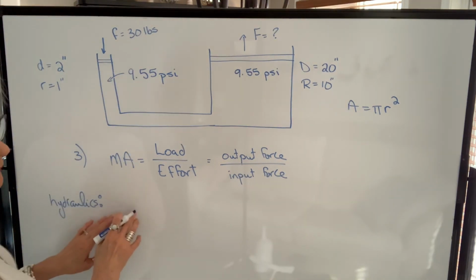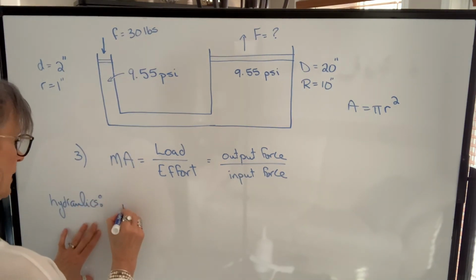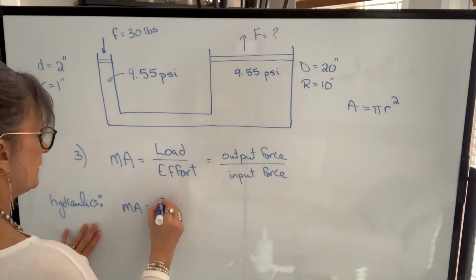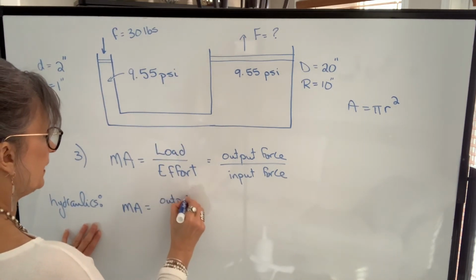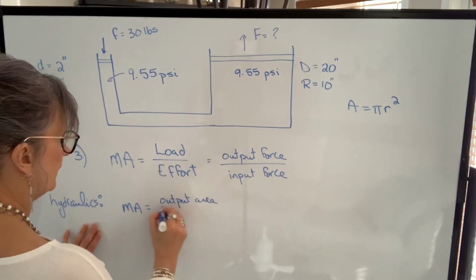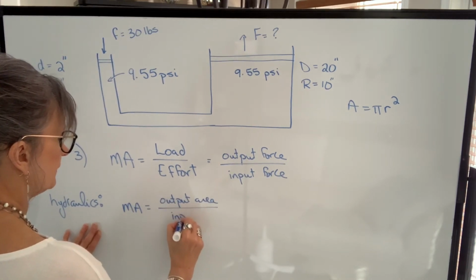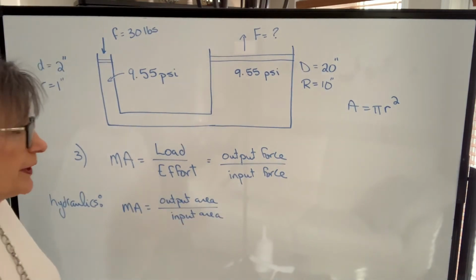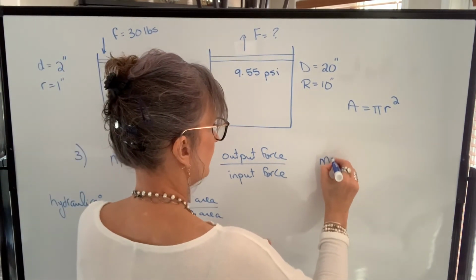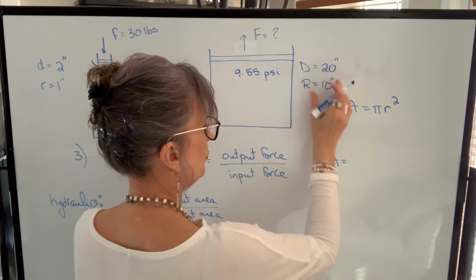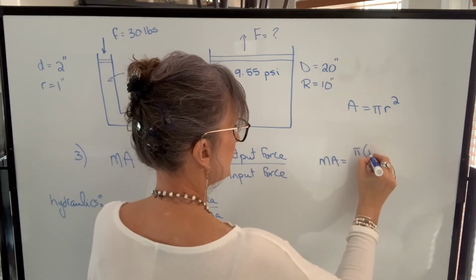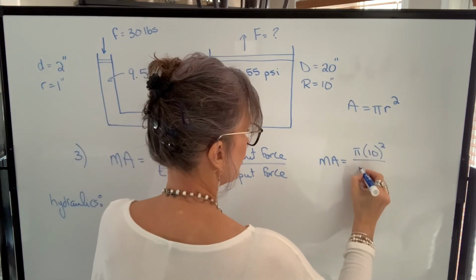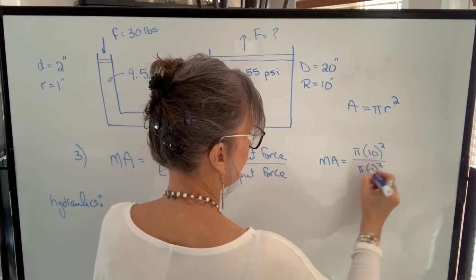This definition is only going to be true with a hydraulic system, but I can find mechanical advantage in a hydraulic system using the ratio of the output area divided by the input area. So in my example, I can find mechanical advantage by taking the output area, which is pi times 10 squared, over the input area, which is pi times 1 squared.